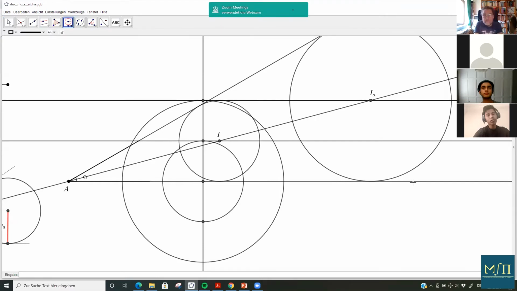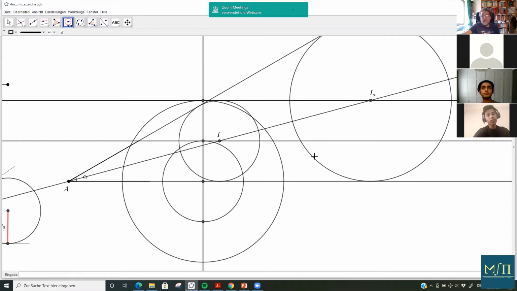Now, knowing this, we still don't really know where the vertices of the triangle are. We're looking for the vertices B and C, and we somehow have to find them. In order to do that, we need to find the side A, the side that's opposite the vertex capital A. And the side A is going to be tangent to both of these circles.